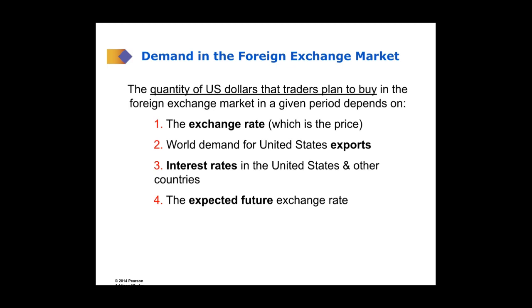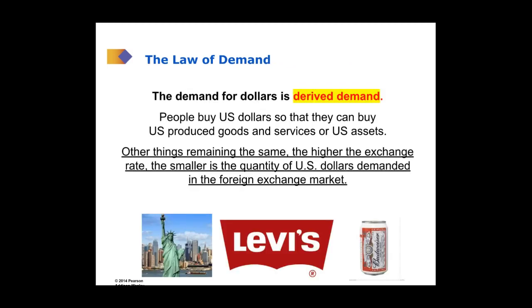And if people expect in the future for the exchange rate to improve or go up, then they're going to want to have a higher demand for that currency now because you demand it now, and then when the exchange rate goes up, you've made a gain or profit. So all of these factors can affect the demand for a currency.